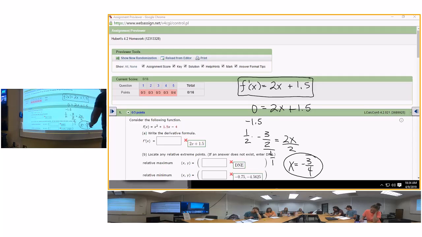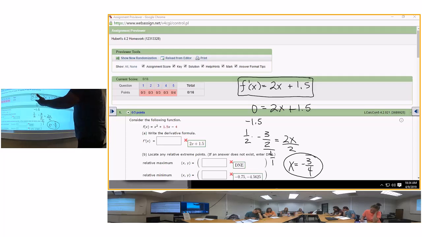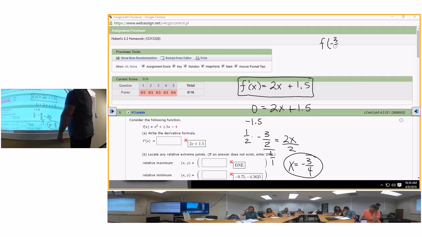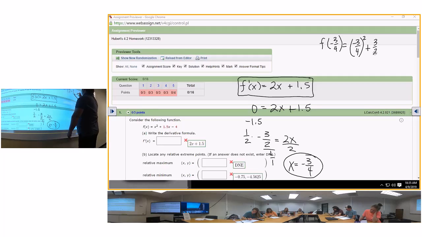Now, plug the negative 3/4 into your original equation to find the y. So f of negative 3/4 is equal to negative 3/4 parentheses, squared, plus 3/2 times 3/4, minus 4.